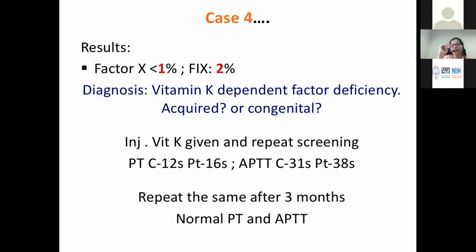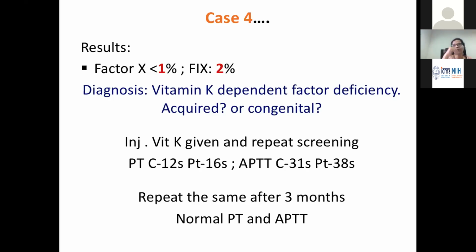Now, when I say vitamin K, very rarely it can be congenital, but the commonest one is the acquired vitamin K dependent factor deficiency. So what we generally do is advise vitamin K injections with the advice of a hematologist. After 3 days, you come back and get the screening coagulations done.